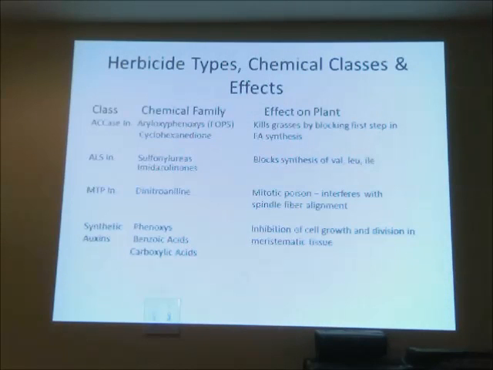There are herbicides that will specifically kill monocots but don't harm dicots, the broadleaf types of plants, and we can have herbicides that will kill the broadleaves but don't harm the monocotyledonous plants.